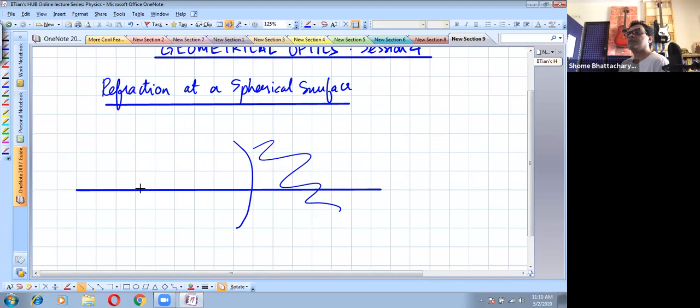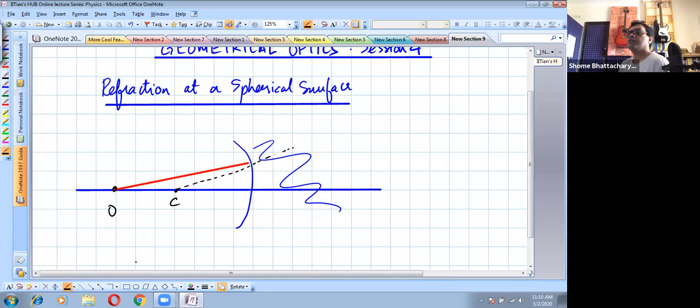a ray of light from a point object somewhere is incident like this. If the center of curvature is, let us say, over here, and the point object is over here, this becomes the normal at the point of incidence.